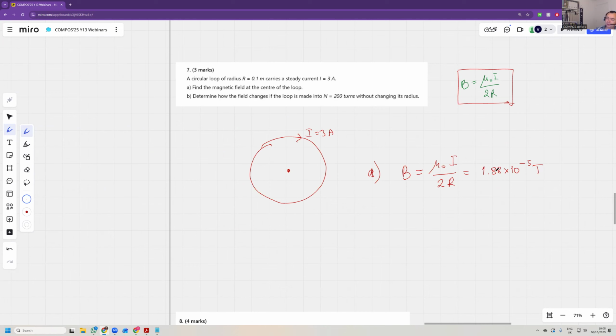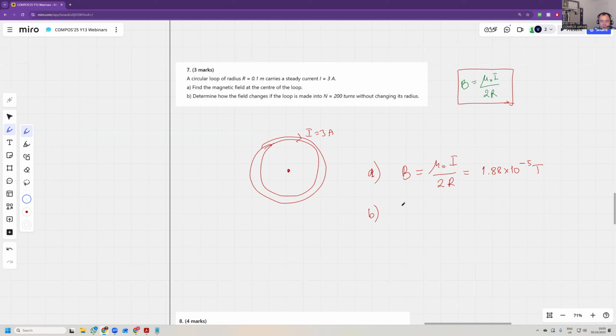That's about the same as the magnetic field of the planet Earth. So the magnetic field of the Earth is about this much. B, determine how the field changes if the loop is made 200 turns without changing its radius. Well, each loop has its own field. So if you have 2 loops, you double the field because the field adds up.